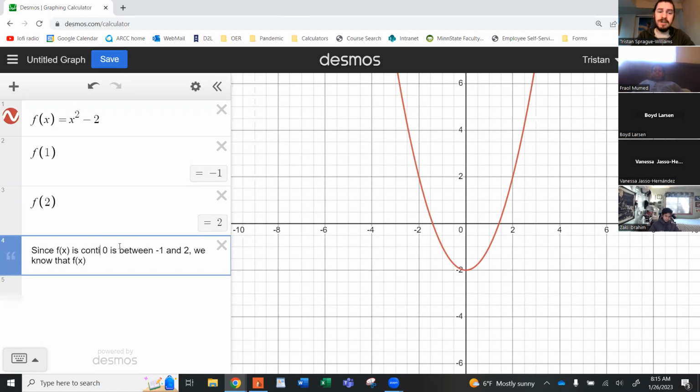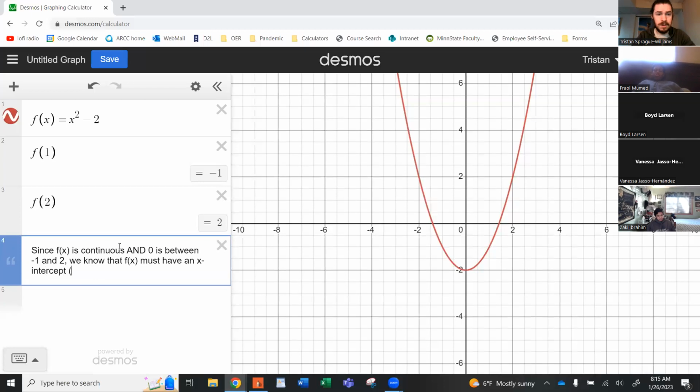Since f of x is continuous and 0 is between negative 1 and 2, we know that f of x must have an x-intercept, where f of something equals 0, between x equals 1 and x equals 2.